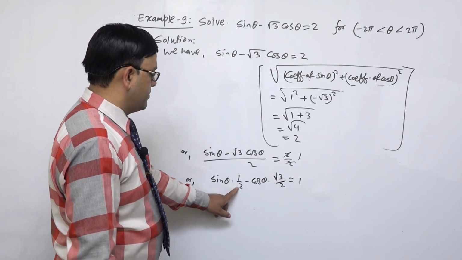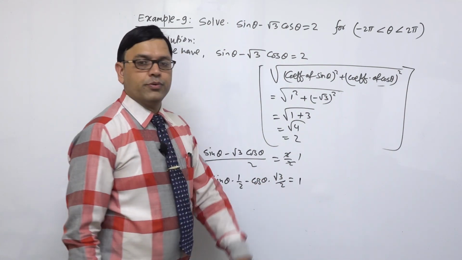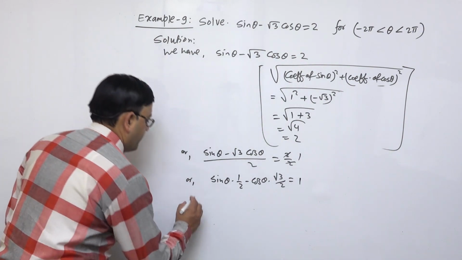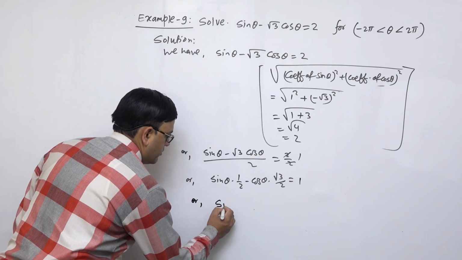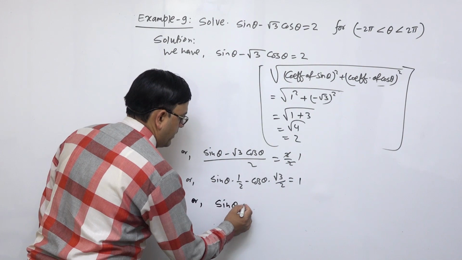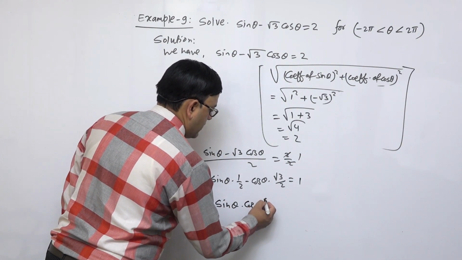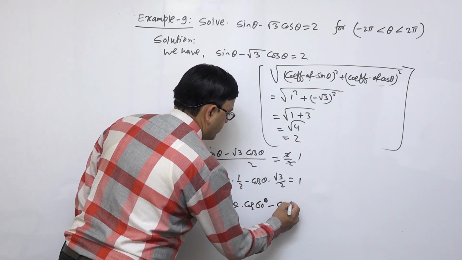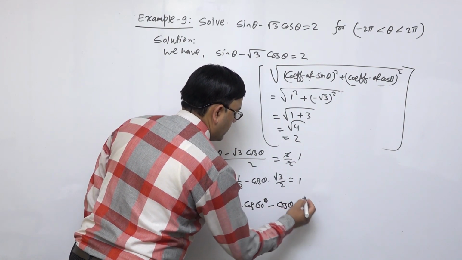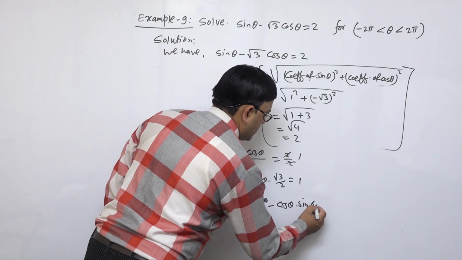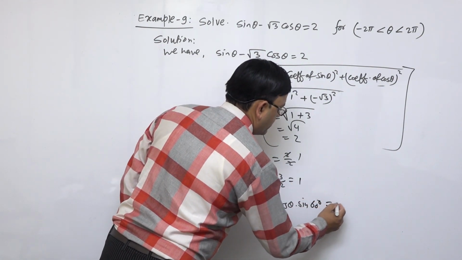So sine A cos B minus cos A sine B, we have to arrange in this form. So 1 by 2 is cos 60 degrees, and root 3 by 2 is sine 60 degrees.